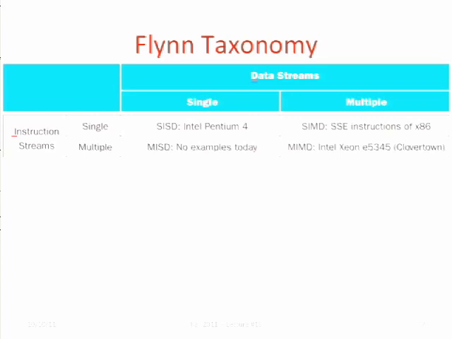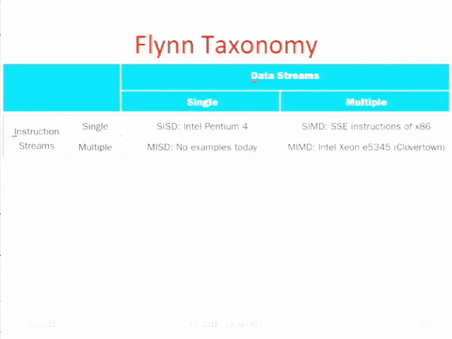Okay, so just like when we did caching, at that level 1 cache, we split the cache into instructions and data, right? Because in some sense, they're both things that you're going to get from memory. Same thing here, right? We get instructions from memory, we get data from memory. We can get multiple instructions at the same time. Okay, that's going to be multiple instruction streams. Or we can get multiple data items at the same time.